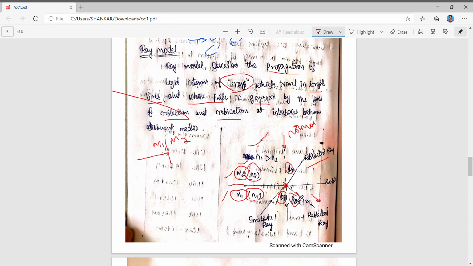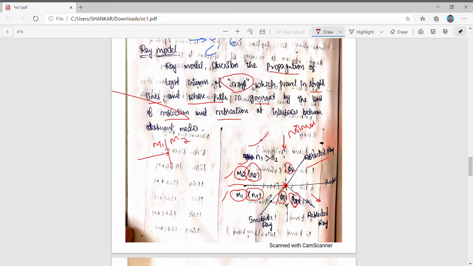Assuming this is pi 2 and this is pi 3, it will be either reflected or refracted. So based upon the refractive index of a particular medium, the signal will be reflected and refracted back into the mediums.